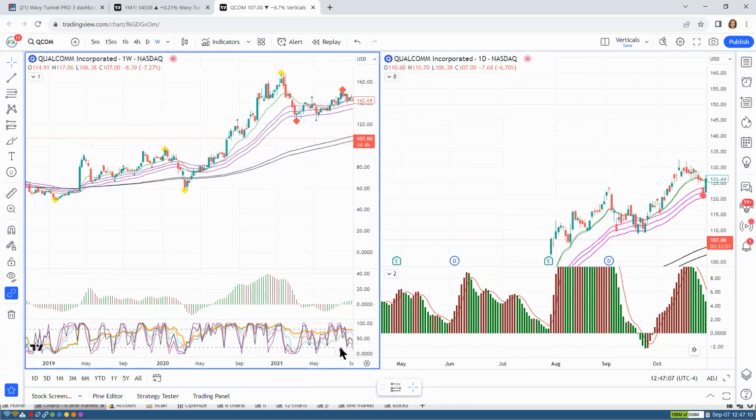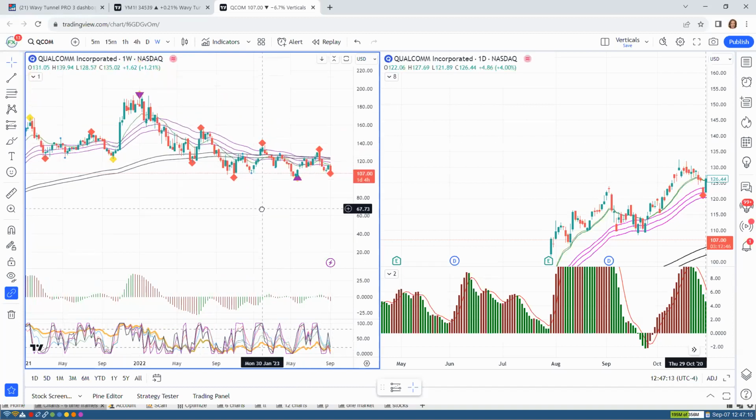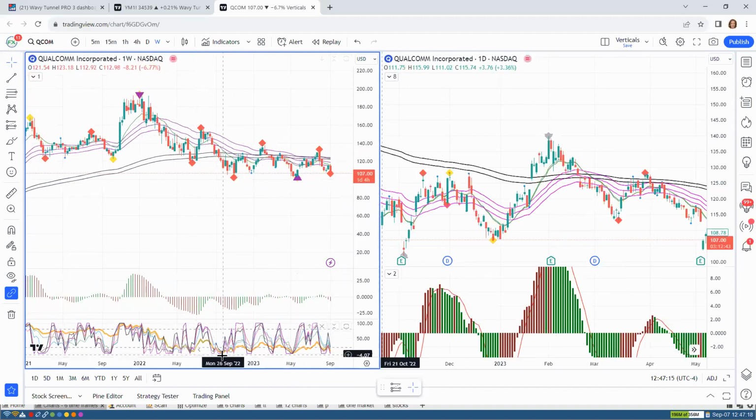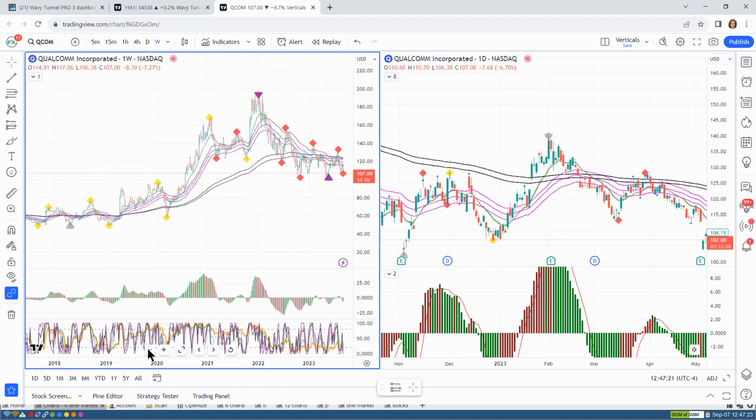Okay, I just want to see something here. All right, this is on the weekly. Look what we have here. We have a purple arrow here, and then we have a purple arrow. The market is stretched. The market comes down to below the tunnel, and we get a lower purple. I'm not sure why it's a purple and not a gray, but that's okay.